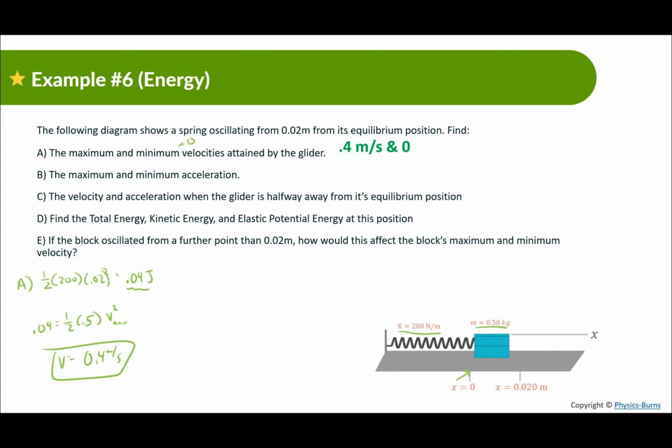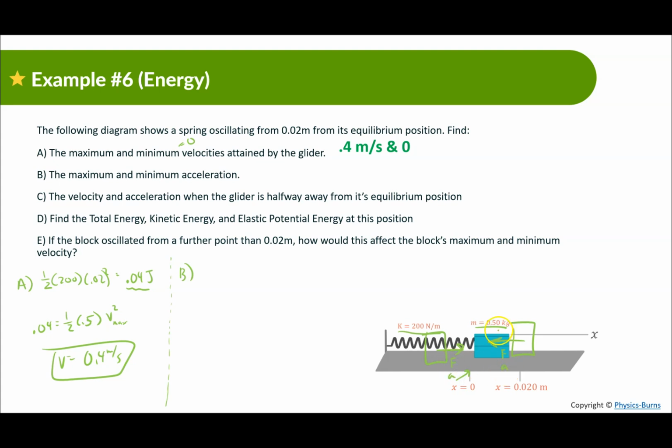Okay, part B is what is the maximum and minimum acceleration. So we didn't talk too much about forces in this chapter yet, but we should know that right all the way at the amplitude, the force is at a maximum. Whether it's here or here, the force is at a maximum, and the acceleration is at a maximum.